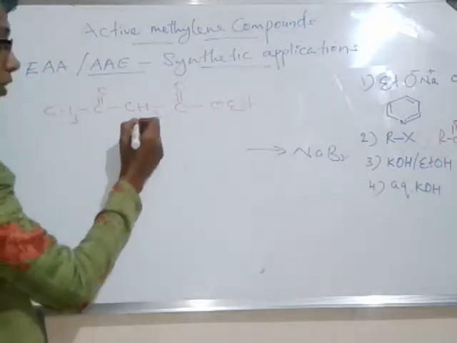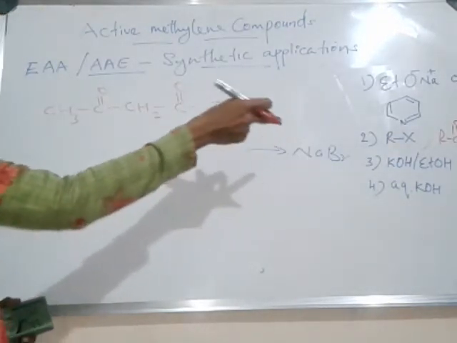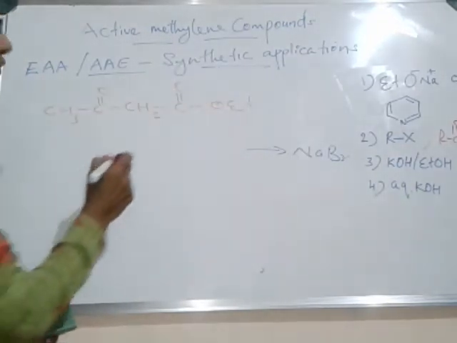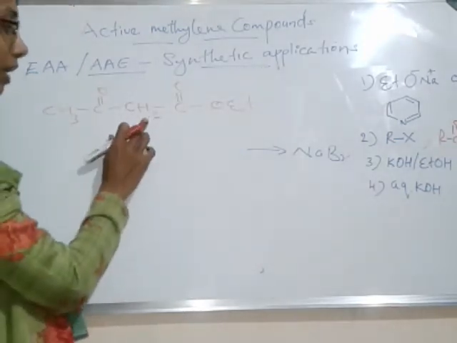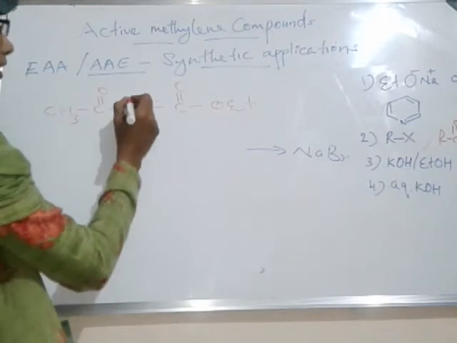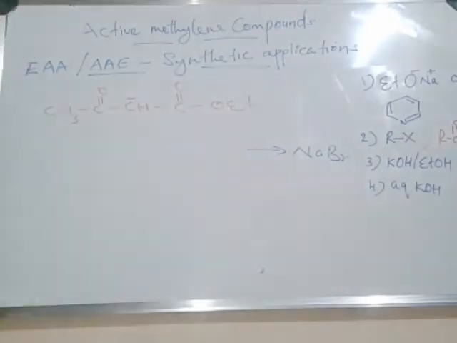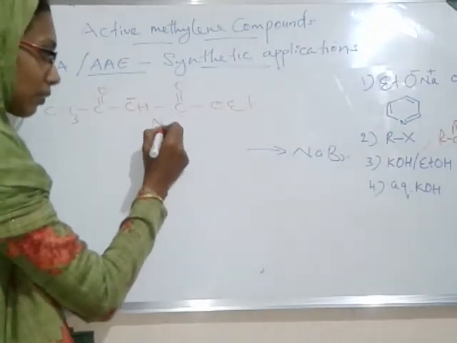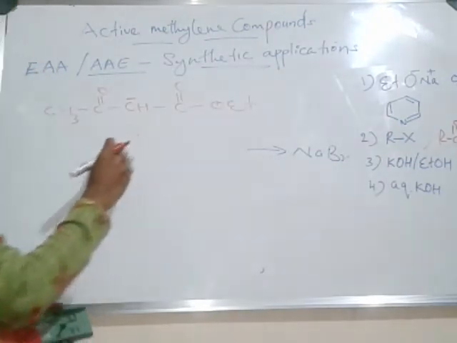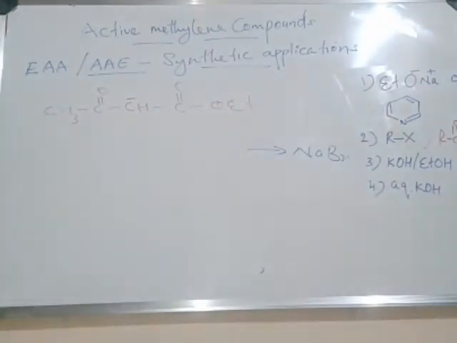I said that when we react it with the aldehyde, we can use pyridine or a weak base to remove the hydrogen, and we get the enolate anion. Then this enolate anion acts as a nucleophile, and it reacts with a positively charged center or electron deficient center.